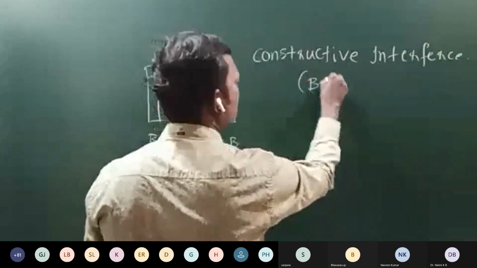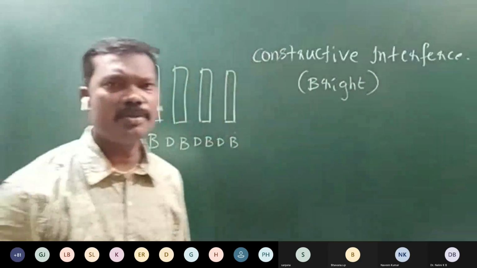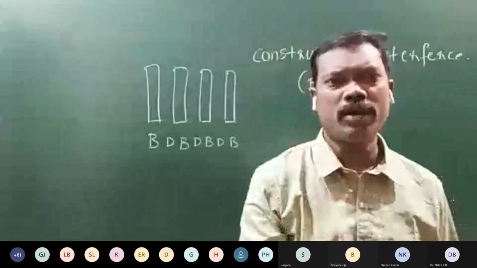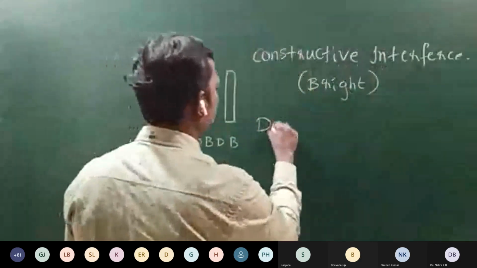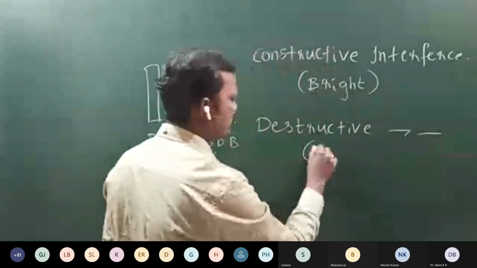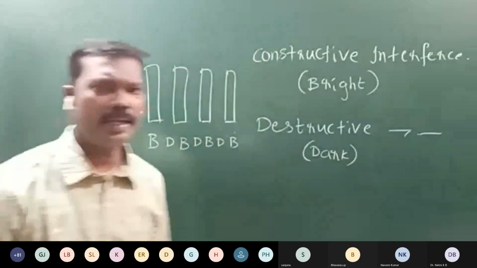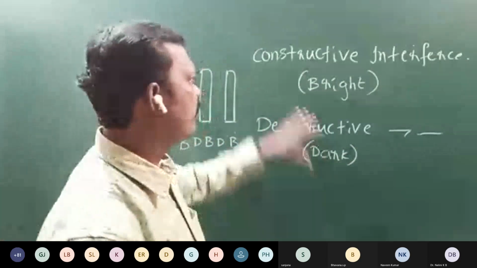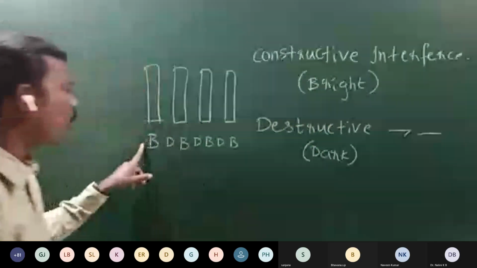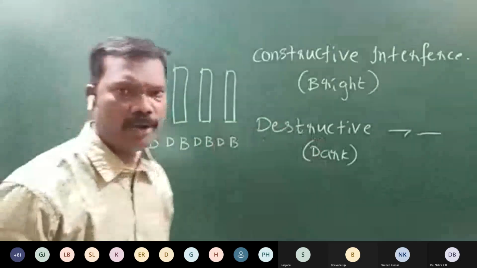Constructive means a bright point, a bright band or bright spot. Another type is called destructive interference. This is called a dark band or dark point. So here we have two types of interference. Constructive interference means a bright point or bright band. Destructive interference means a dark band or dark point.